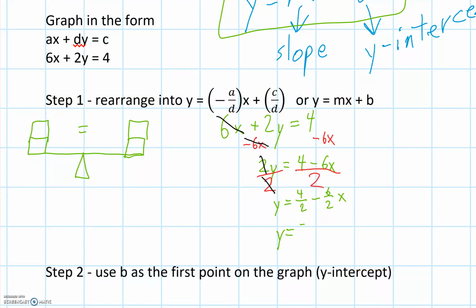I'm just moving stuff around so that it's in this y equals mx plus b form, and let's do some simplifying of our fractions here.